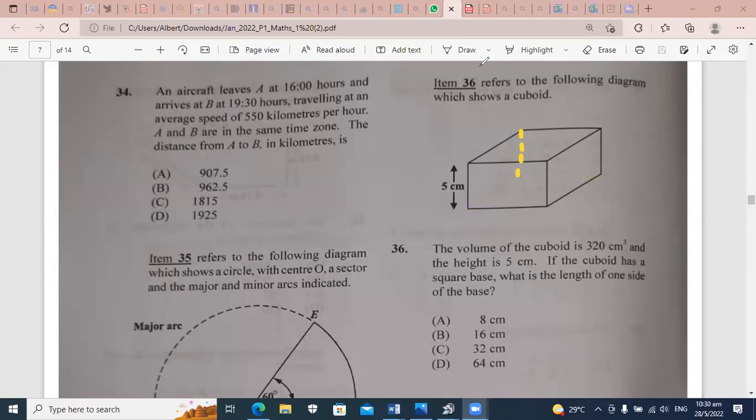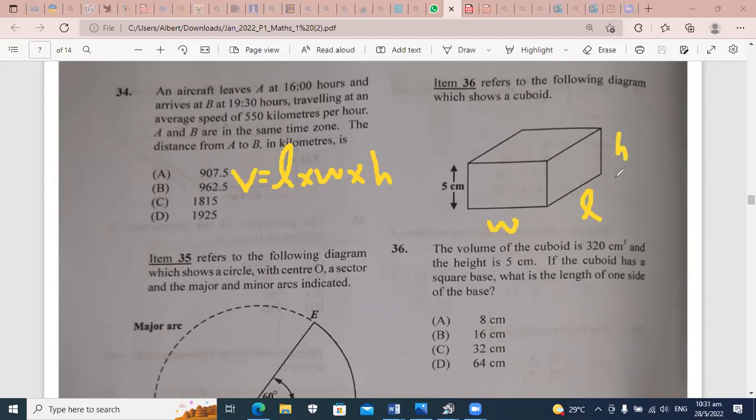So they tell us the volume of a cuboid. To find the volume of a cuboid is length multiplied by width multiplied by height. This is probably the length, that's the width, and that's the height.